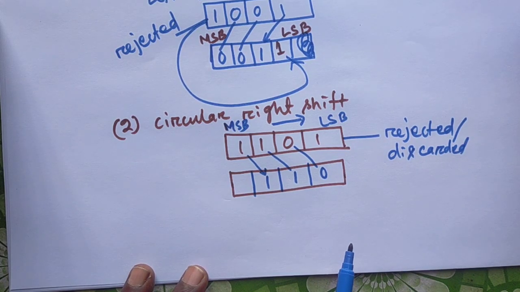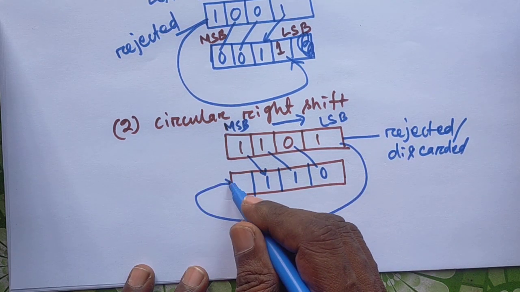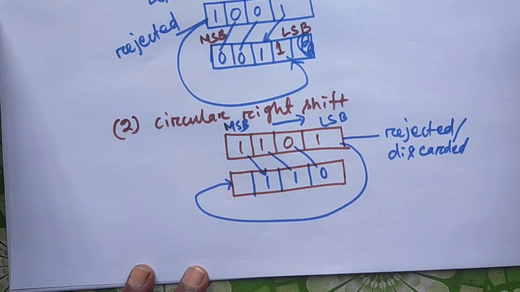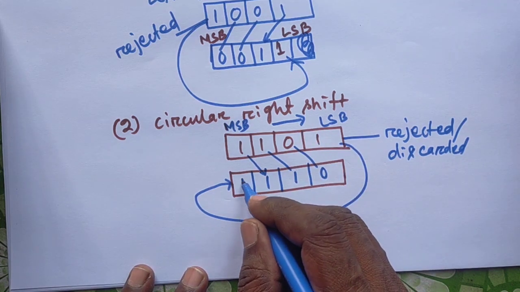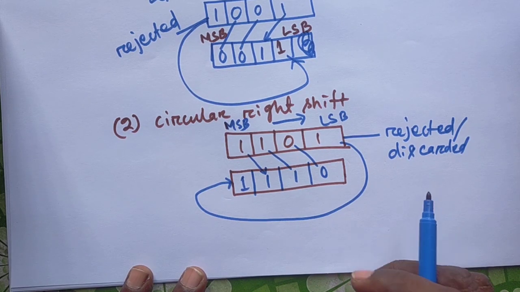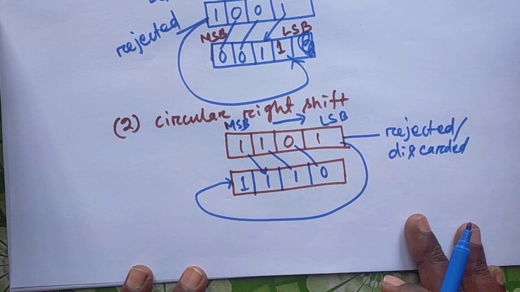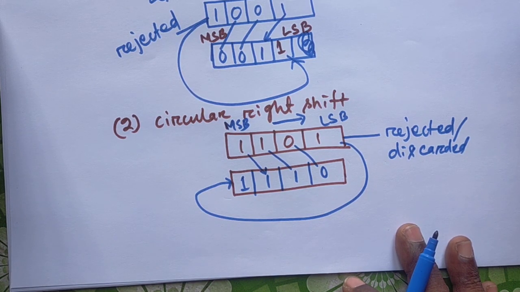Again, this particular data attaches to the empty space. This data is added to the empty space. So now all data is shifted, and there is no loss of data. This is the basic concept of circular right shift.